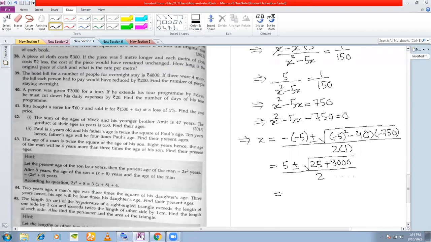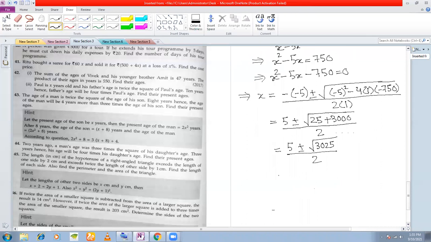So this will be 5 plus or minus square root of 3025 divided by 2. You can find the square root of 3025 by the prime factorization method or the division method. Division method is better. So you can find this to be 55.